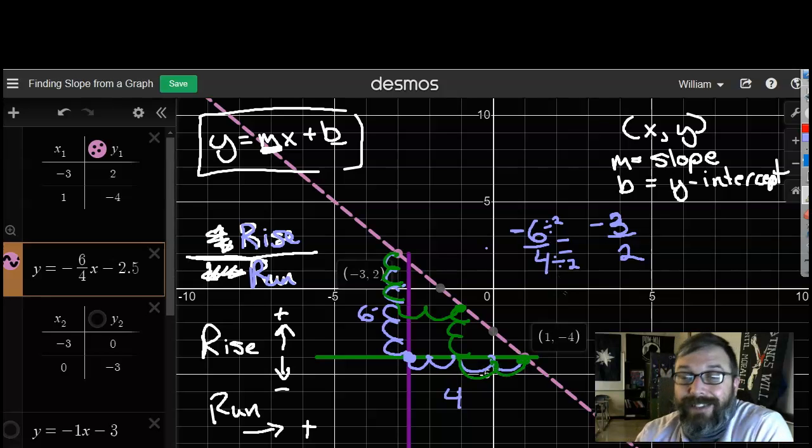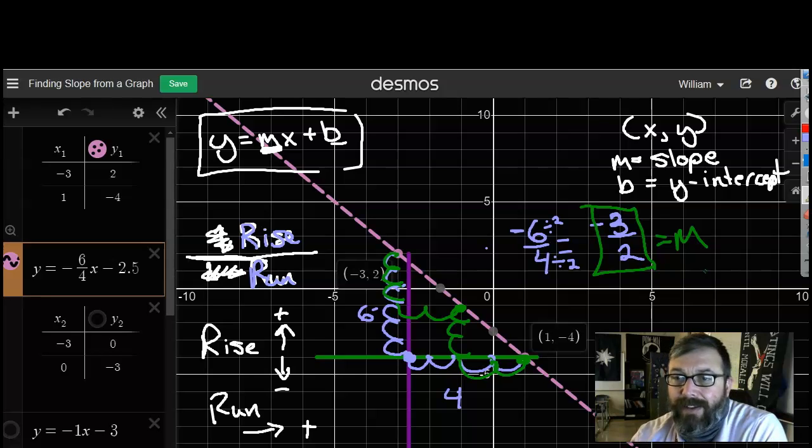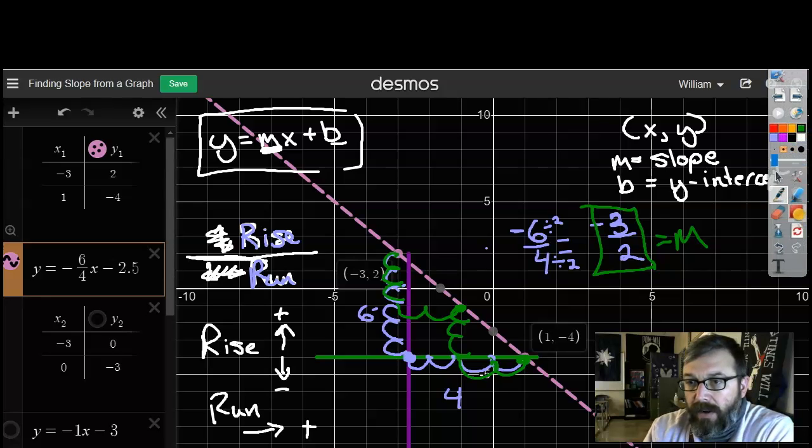And I wound up at the exact same point. So this is definitely the ratio. Negative 3 over 2 is the slope, or the m, for this line. Fair enough. Hopefully that makes a little bit of sense. But let's practice another number. Let's look at another system.